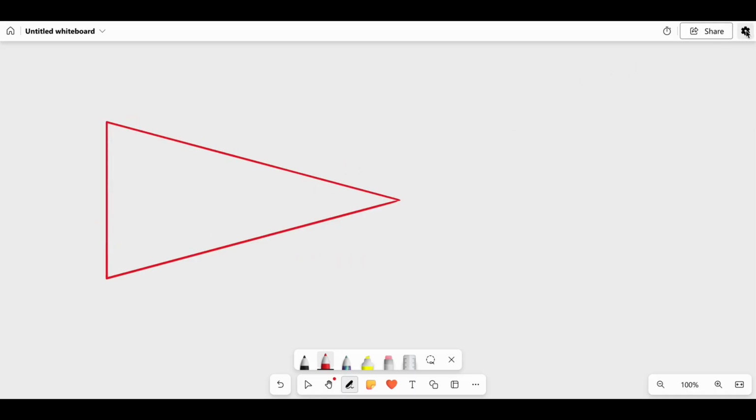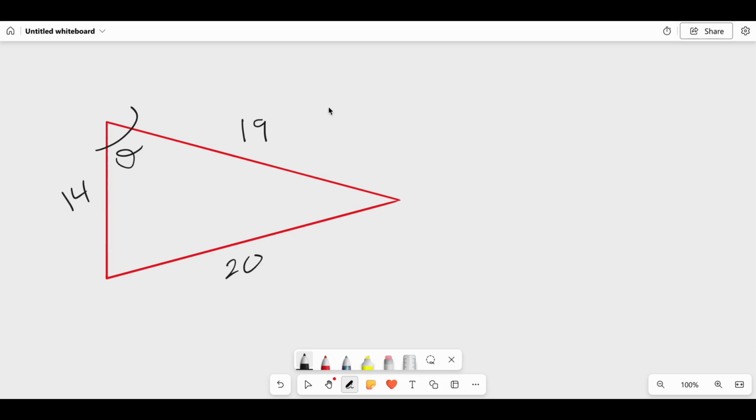Okay, beautiful. Now let's say that I need to find this angle. I have this side is 20. This side is, let's say, 19, and this side is 14.